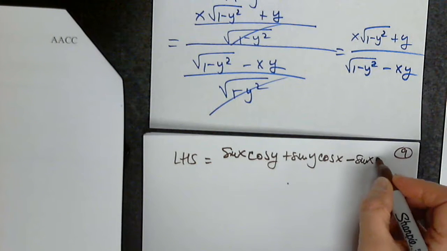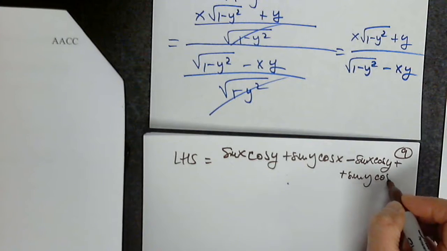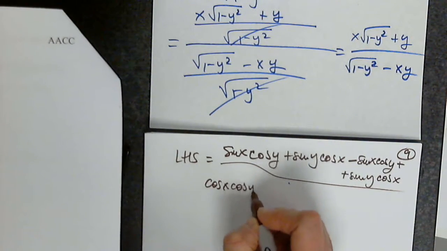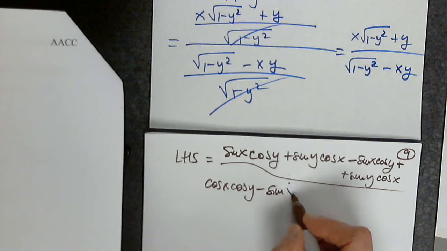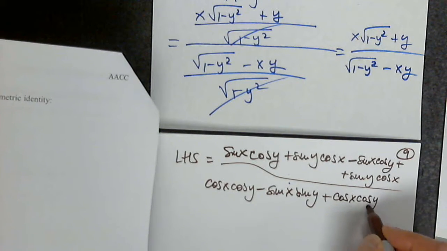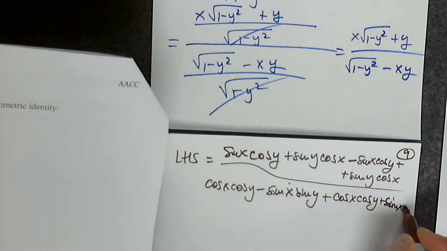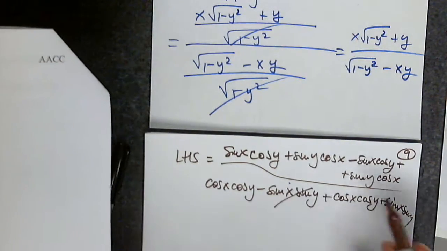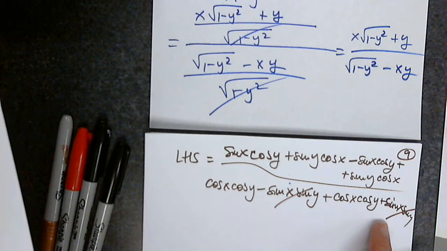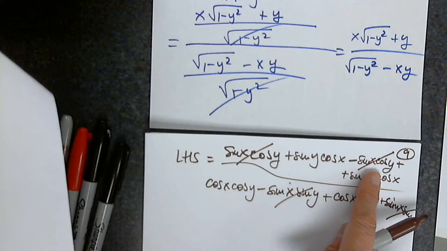Minus sine x cosine y, but plus sine y cosine x over cosine x cosine y minus sine x sine y plus cosine x cosine y plus sine x sine y. These two go away because they are the same with the opposite sign. These two go away because they are the same and the opposite sign.